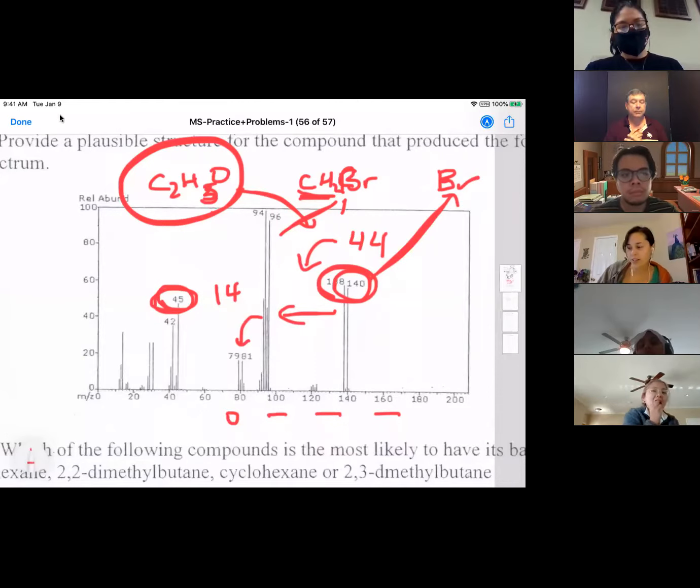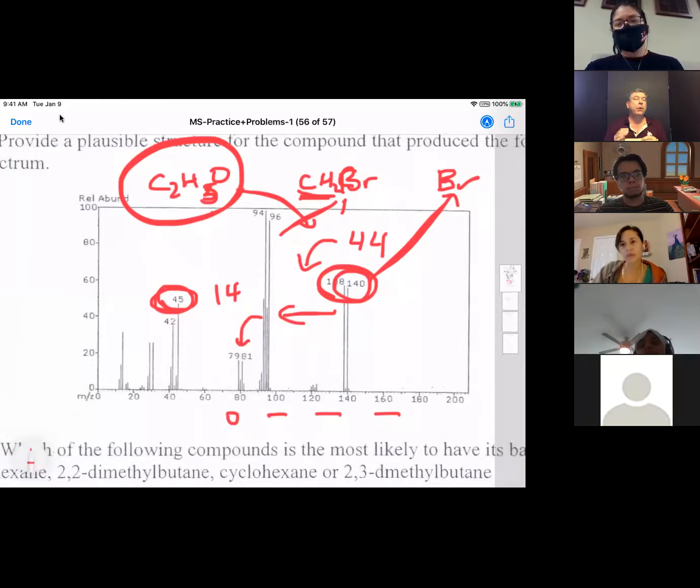Okay, so that kind of leads into my other question. The difference between 44 and 45 does not have to do with the unit resolution of plus or minus 1 AMU? It can, but again, the loss of a single hydrogen in fragmentation is really common. The idea of 1 AMU resolution means that you only get to whole numbers. That's what we mean by unit resolution.